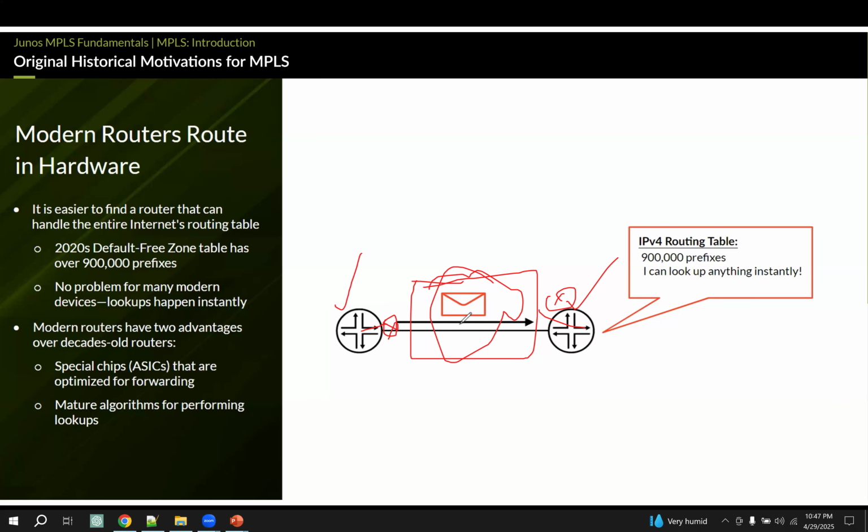They are just label switching from one point to another point. So there is no need to handle these 9 lakh prefixes. The disadvantage of the routing table or this prefix handling is that it takes a long time to forward packets.